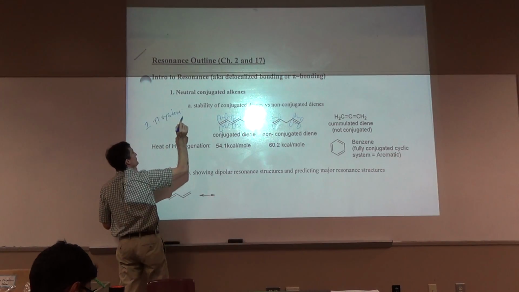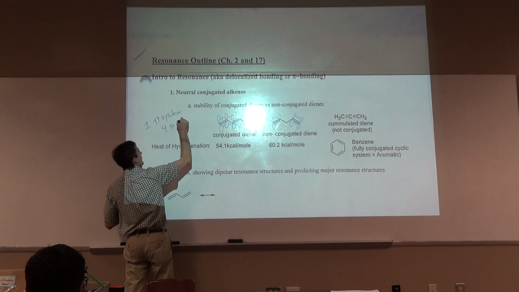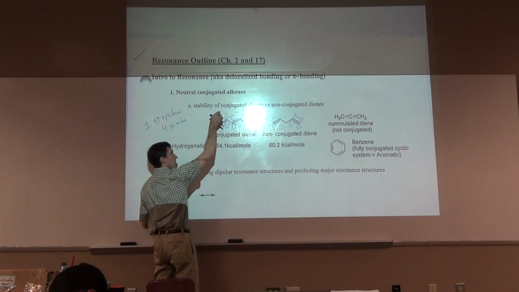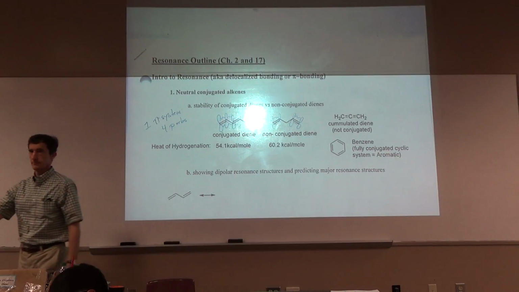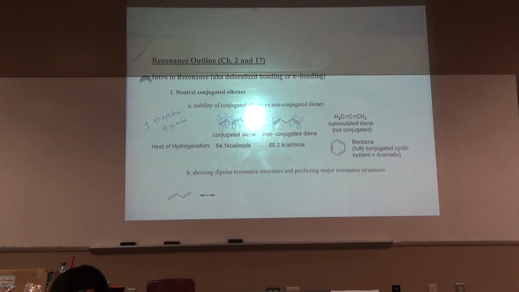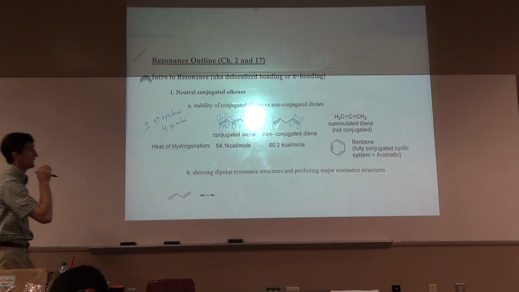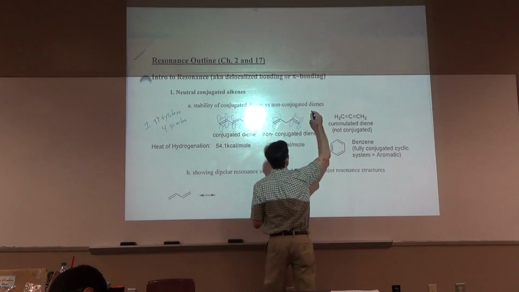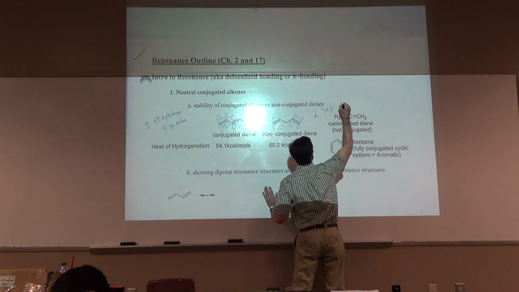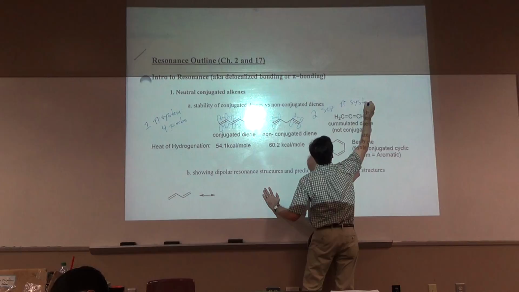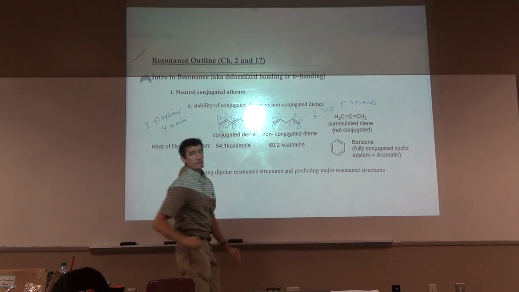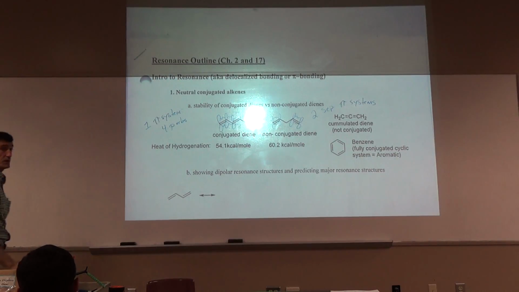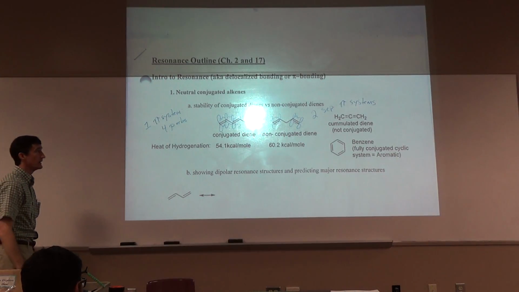It's one pi system with 4 p orbitals, all overlapping. Like toy soldiers, these p orbitals are all lined up, and they're actually all interacting. Pi bonding. This is not. This is two separate pi systems. They're not interacting with each other because of that sp3 carbon in between.